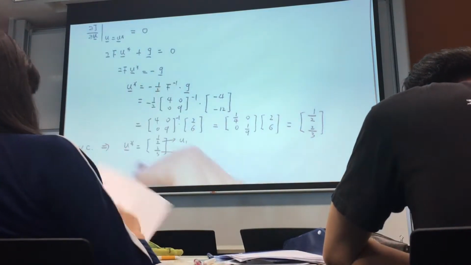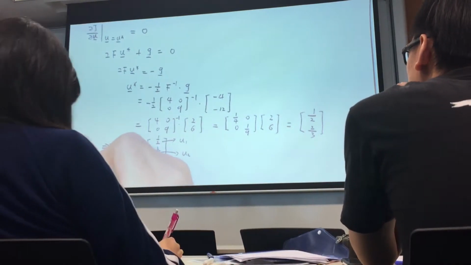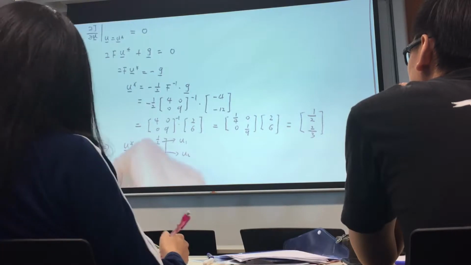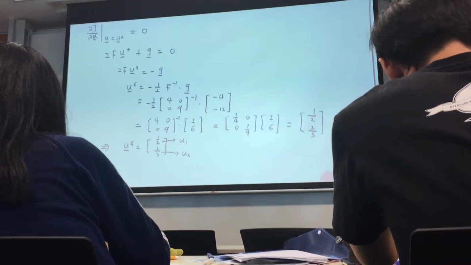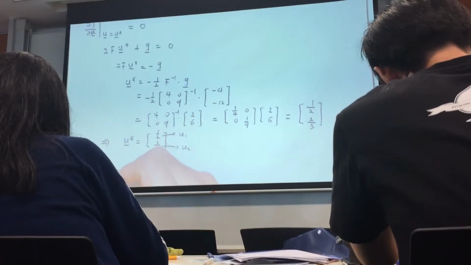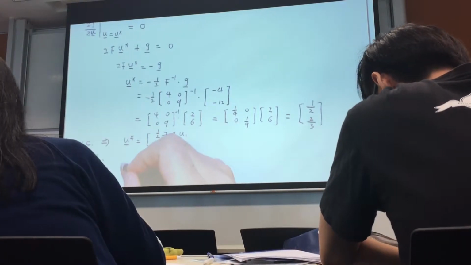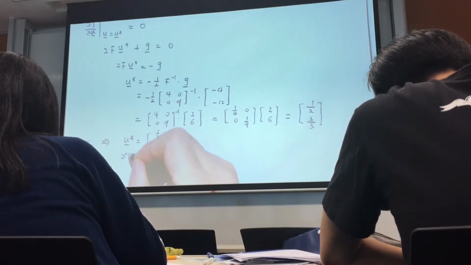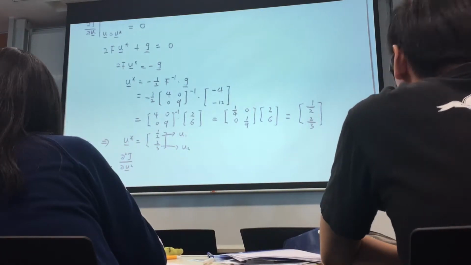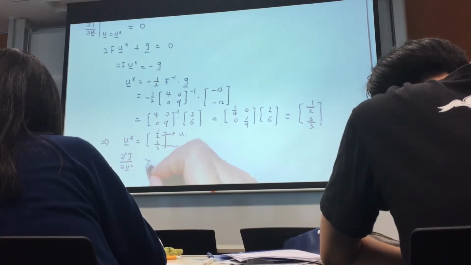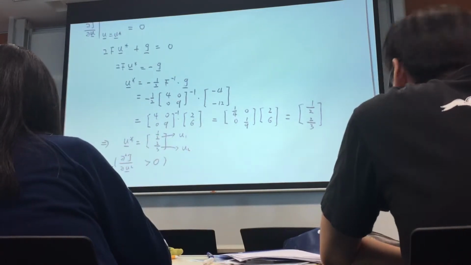So we need to evaluate the sufficient condition. The sufficient condition is defined by this d²J/du². It must be greater than 0 for this sufficient condition.